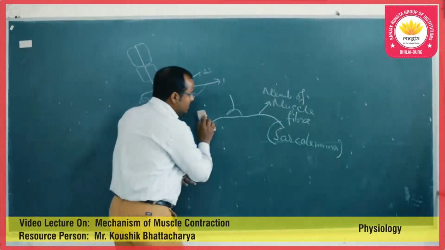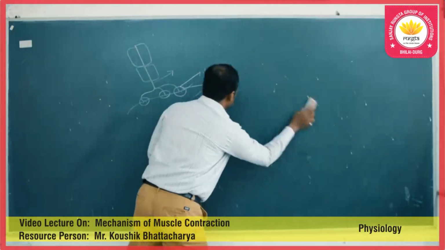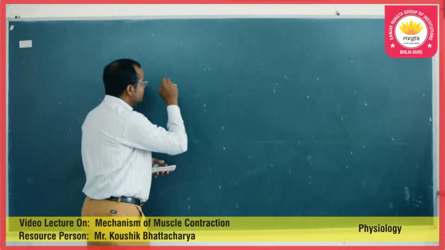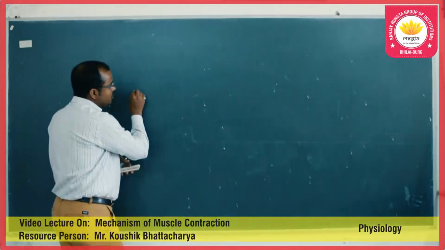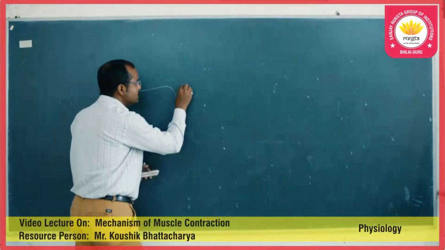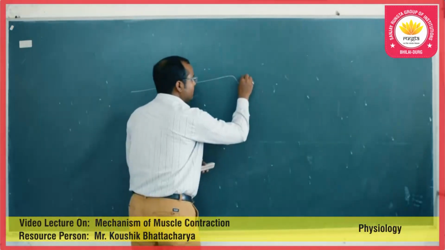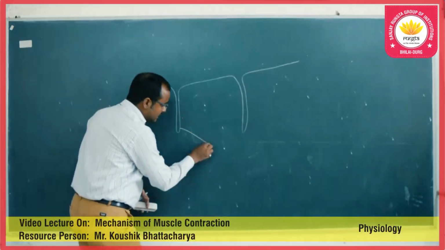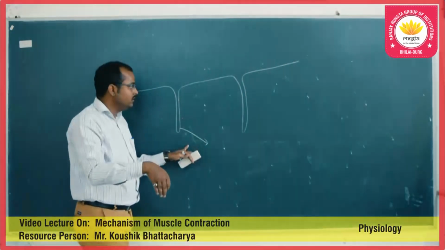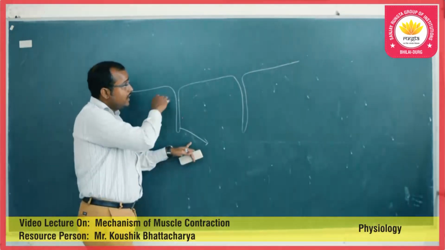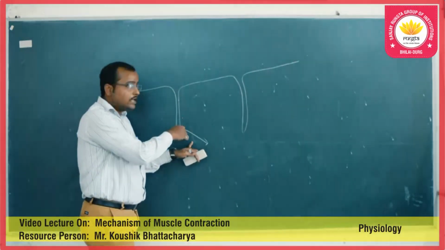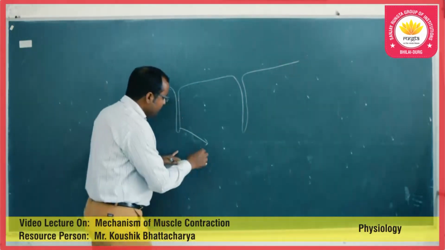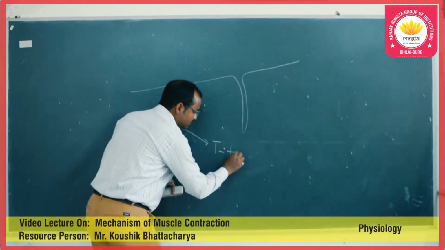So again, if we try to focus on the structure of this sarcolemma, the sarcolemma has this type of continuous structure, and these are the projections or protrusions of the muscle membrane, or the sarcolemma, and this one is known as a T-tubule.